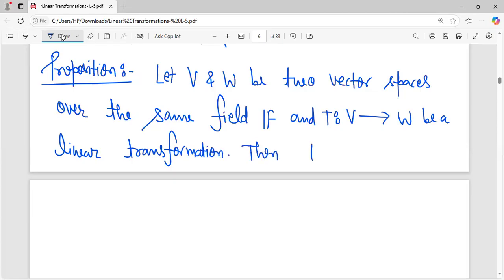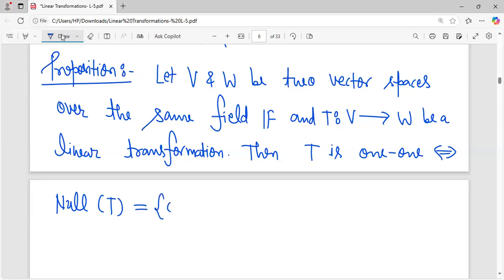Then T is 1-1 if and only if the null space of T is equal to 0.